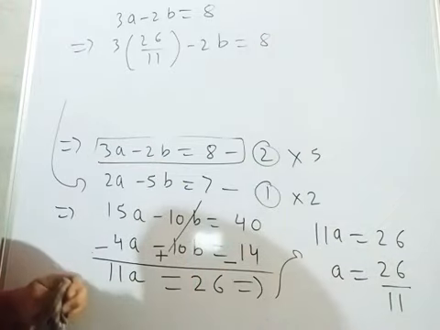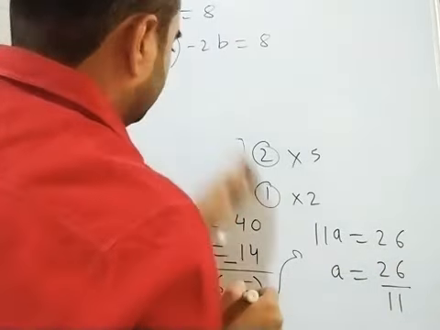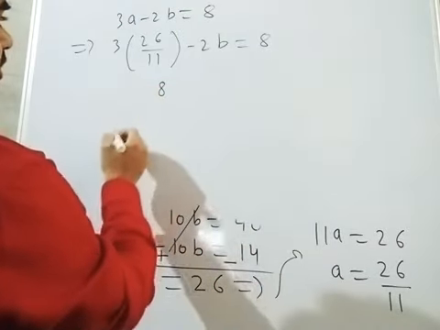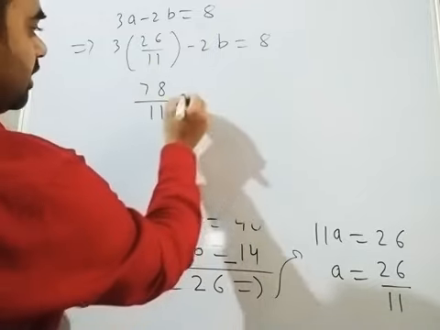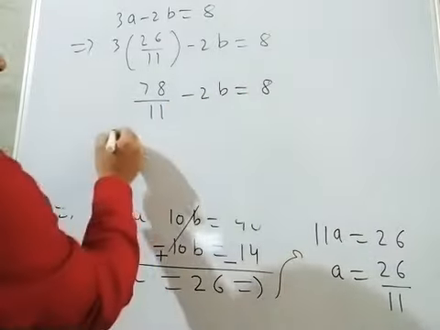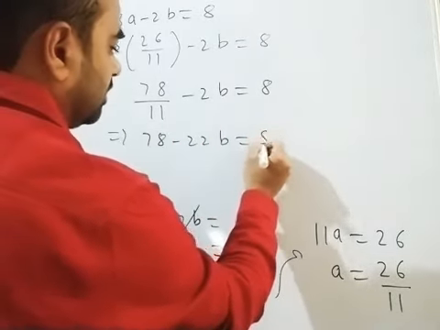Correct? Now this will become 26 into 3, 78 upon 11 minus 2b is equal to 8. Then this will become 78 minus 22b is equal to 88.